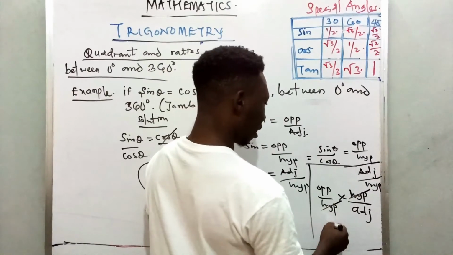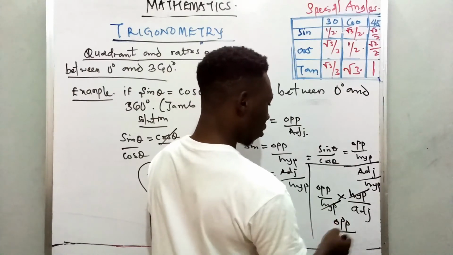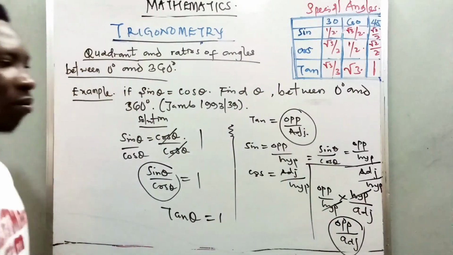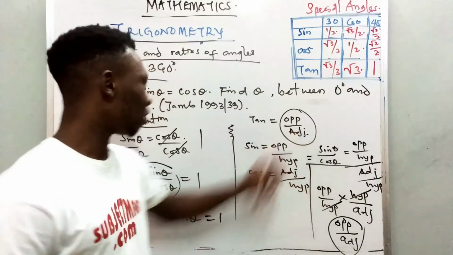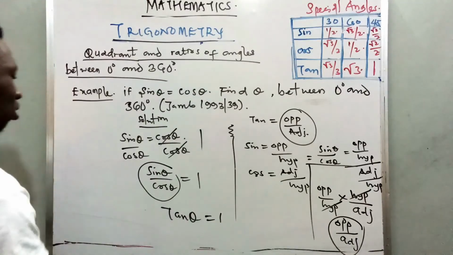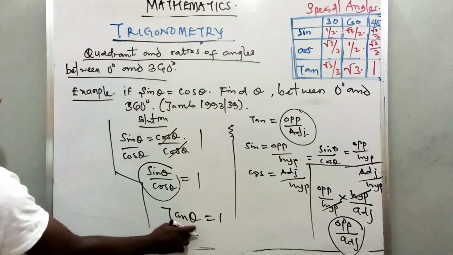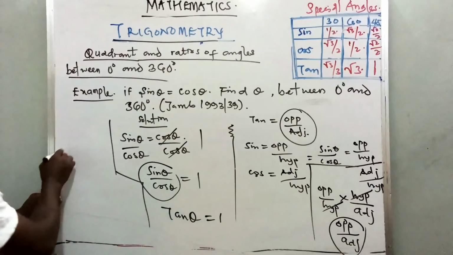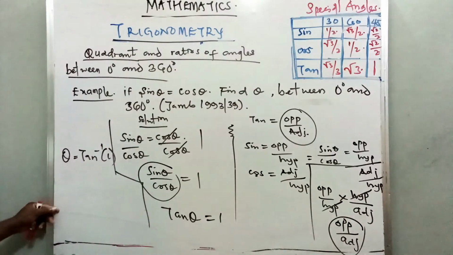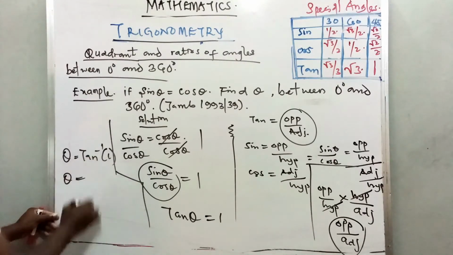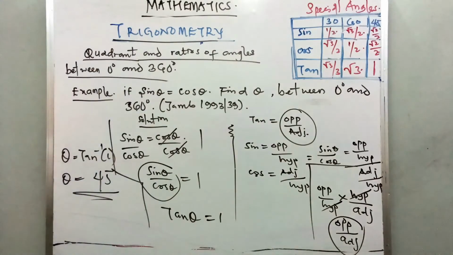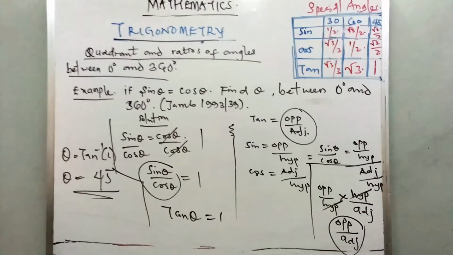Here my hypotenuse cancels my hypotenuse, so I have opposite over adjacent, and that is the same relation for tan. So sine theta over cos theta can be evaluated to be tan theta. So at this junction, my tan has to come to this side. That becomes theta is equal to tan inverse of 1, which is 45 degrees, and that's what I have here as my answer.